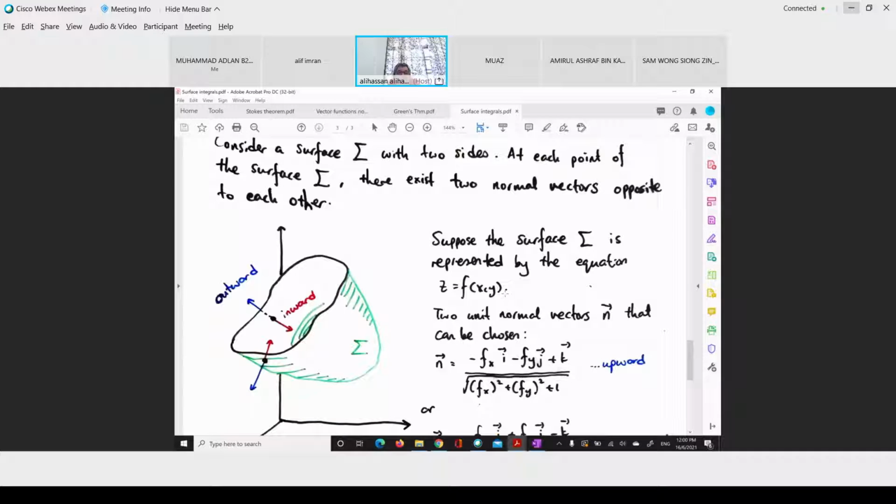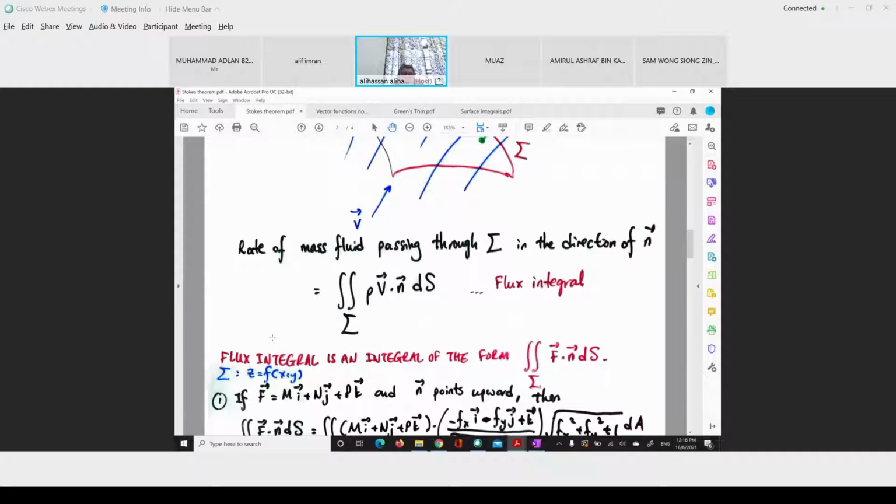This is a surface integral, but the integrand has this form, rho times vector v dot the normal vector n. So this kind of surface integral is also called the flux integral.